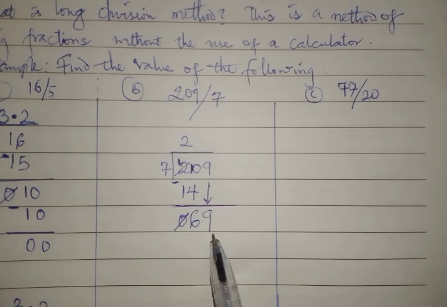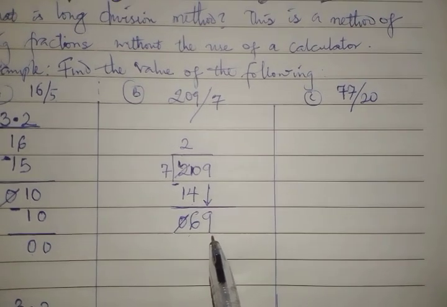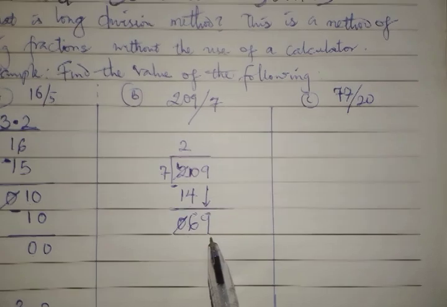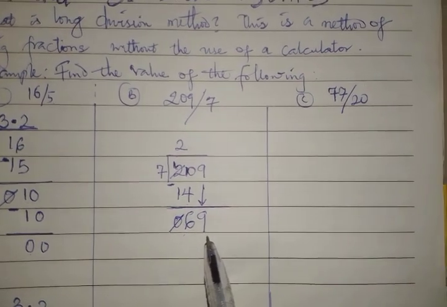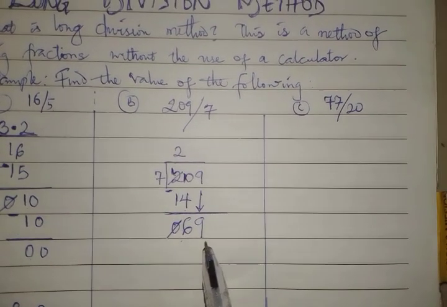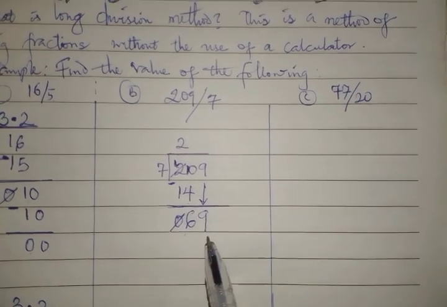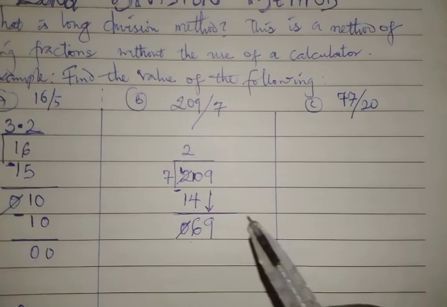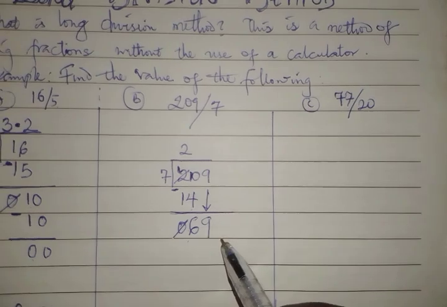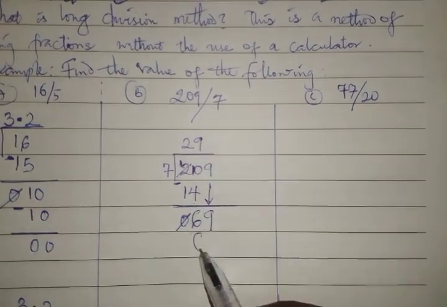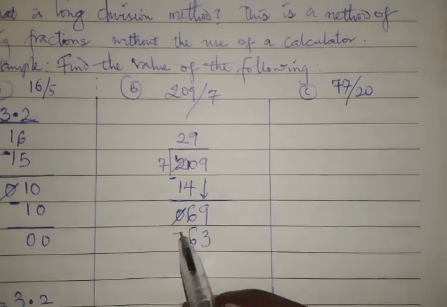And the answer is 9. 7 times 9 is closest, because 7 times 9 will give us 63. So 7 in 69 is 9. 9 times 7 is 63.